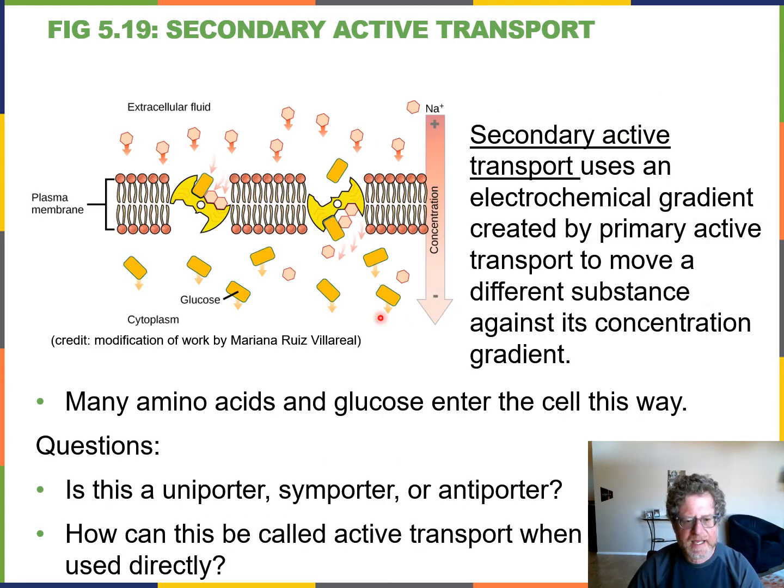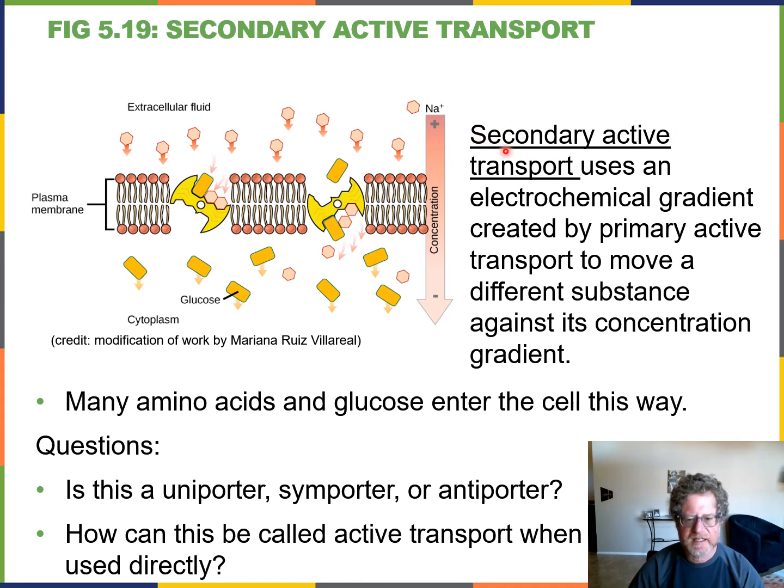So secondary active transport is just saying, well, gee, something's already been used, using ATP to pump out all these sodium. And now as these sodium come in, they carry glucose along with it. So there's no ATP being shown directly, but the sodium was pumped out by ATP earlier.